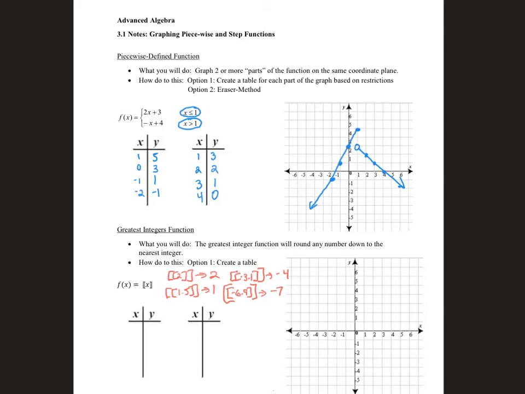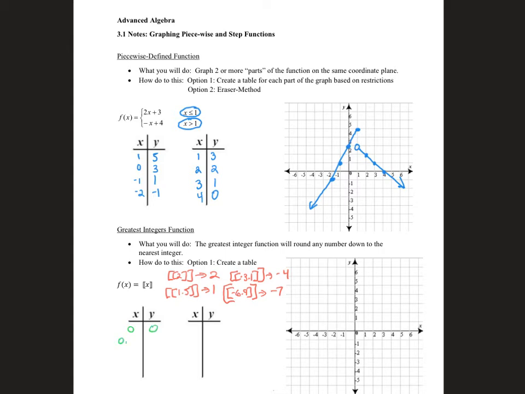So how do we graph a greatest integer function? To do this, we're going to again make a table and choose some real numbers that will return the largest integer less than or equal to that particular number. So to get started with my table, let's pick some basic real numbers, starting with 0. If I was to ask you to take 0 and round it down to the nearest integer, that would round down to 0.